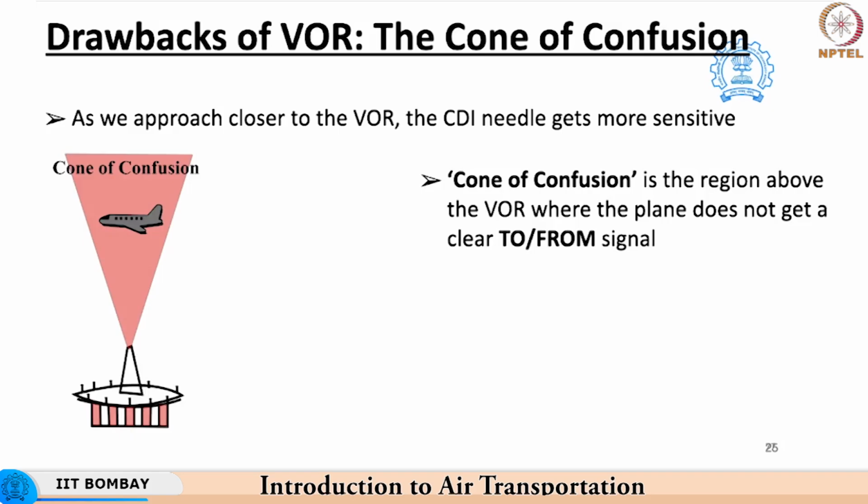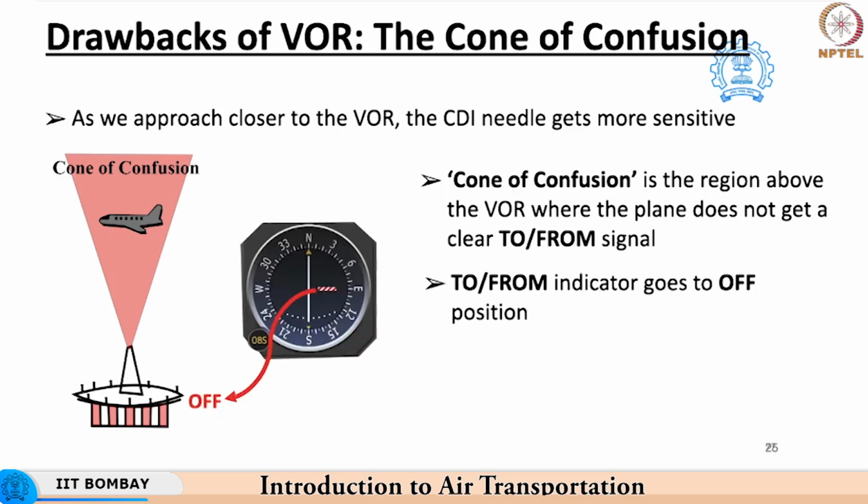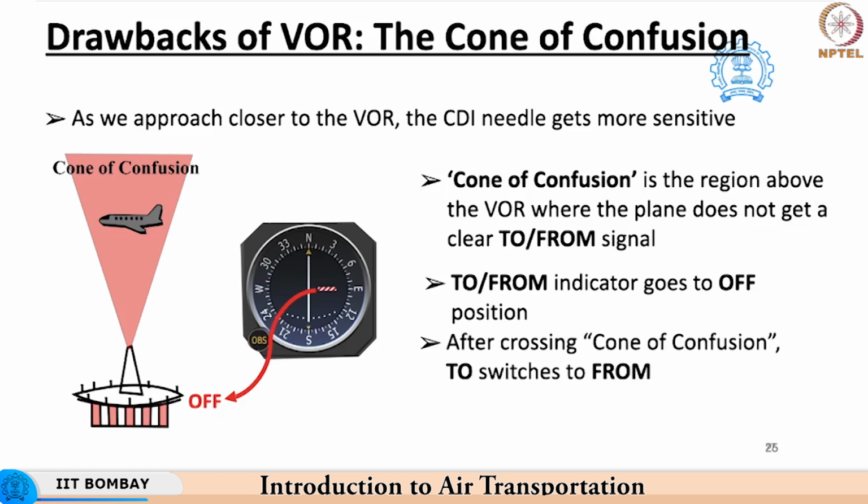In fact, when the aircraft is immediately above the VOR station, the to-from indicator turns to off. So whenever the pilot sees the off position, he or she will understand that the aircraft is flying immediately above the VOR station. After passing through this cone of confusion, the to-from indicator will switch on to the from indication.